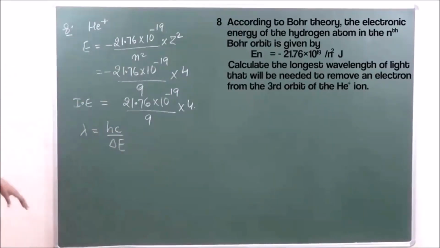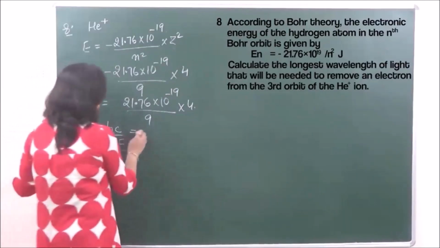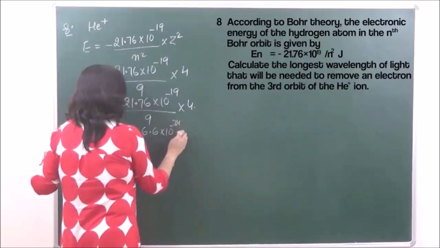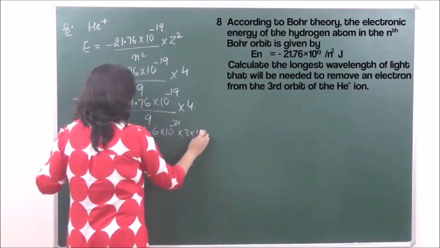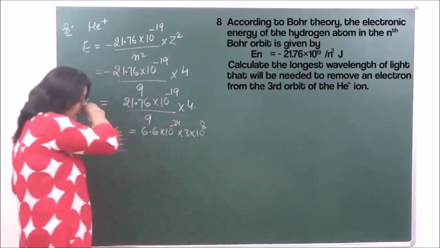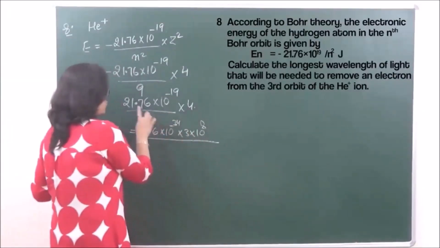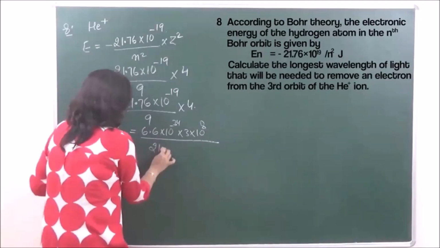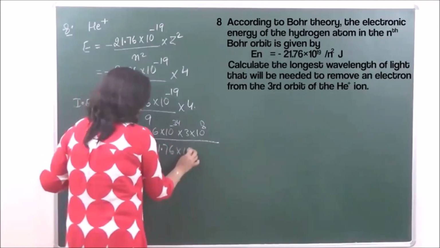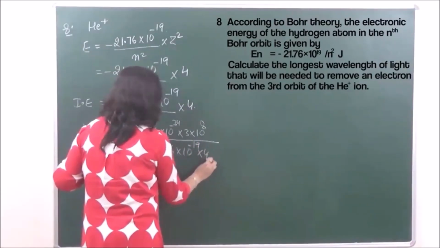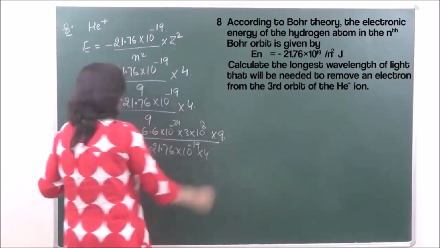Lambda is equal to hc upon delta E. The value of h is 6.6 into 10 raised to power minus 34 into 3 into 10 raised to power 8, upon the value of delta E, that is 21.76 into 10 raised to power minus 19 into 4 into 9.